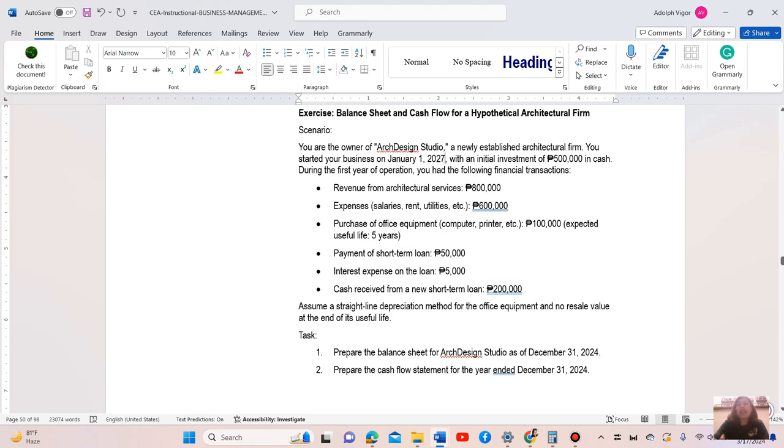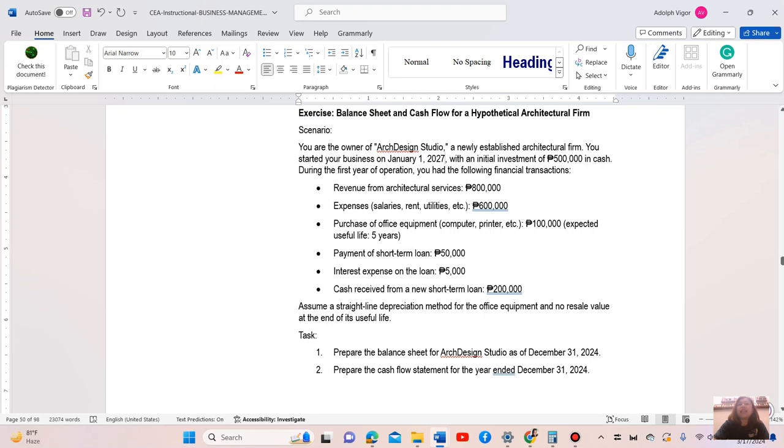So you compute that, class, okay? This is the tricky part now. Payment of short-term loan is 50,000. You have an interest expense on loan which is 5,000. You can see what the percentage is. So cash received from a new short-term loan is 200,000.